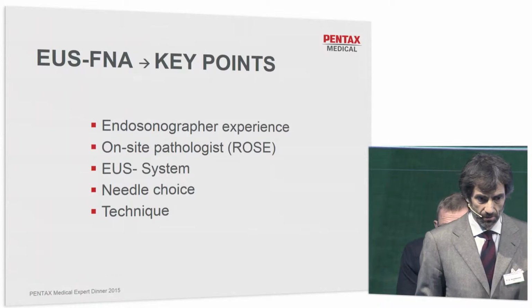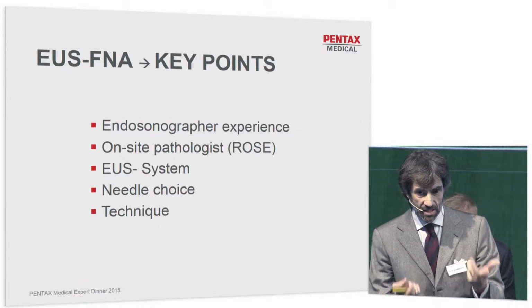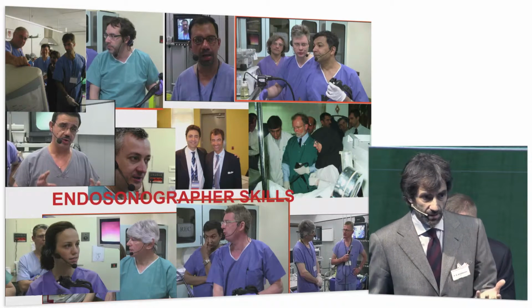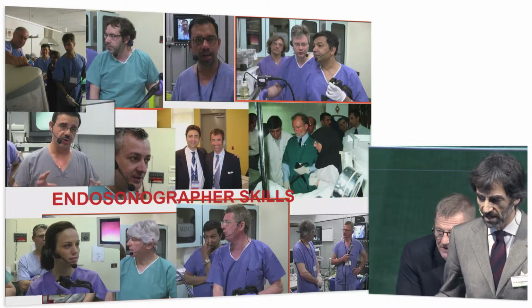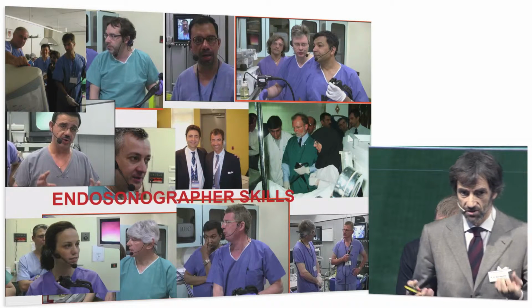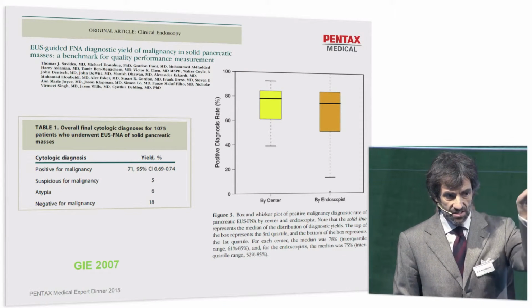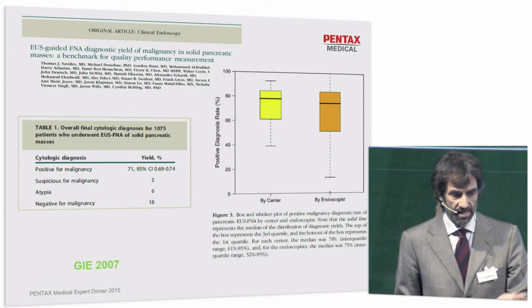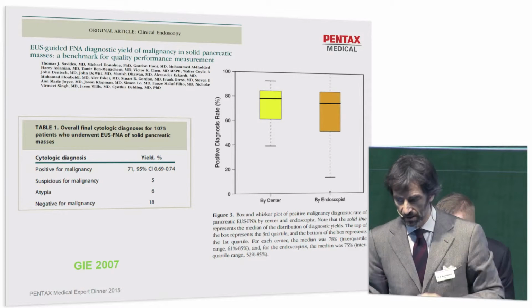The team is composed of the endosonographer, the pathologist, and the team has instruments to perform a good work. So if we think about the endosonographer, I think we have to think about a highly experienced endosonographer. Because we know from the literature that the higher the experience, the higher the adequacy of our specimen, and the higher the accuracy and the benchmark that we can obtain.